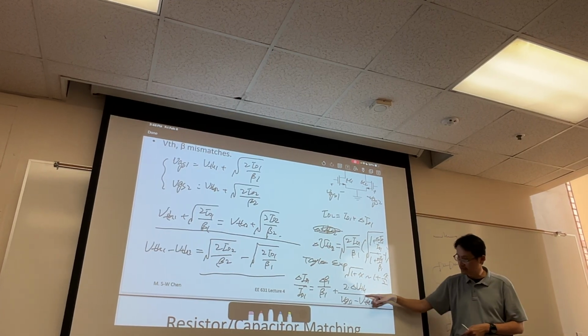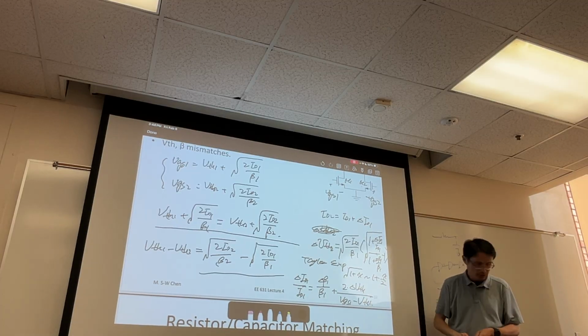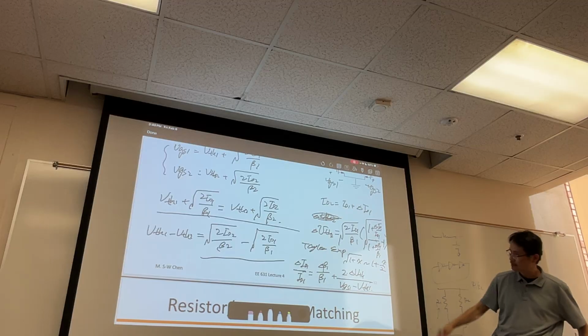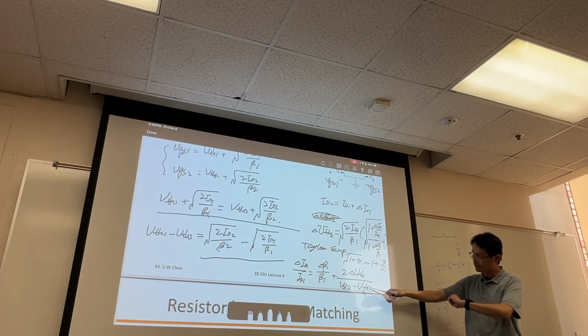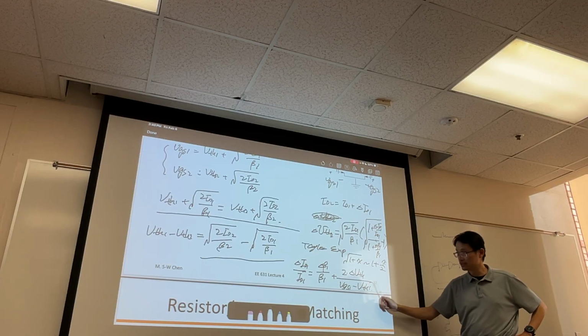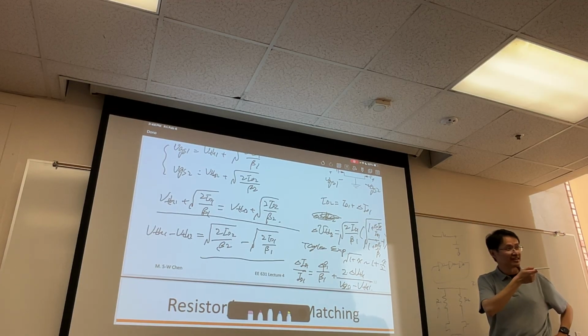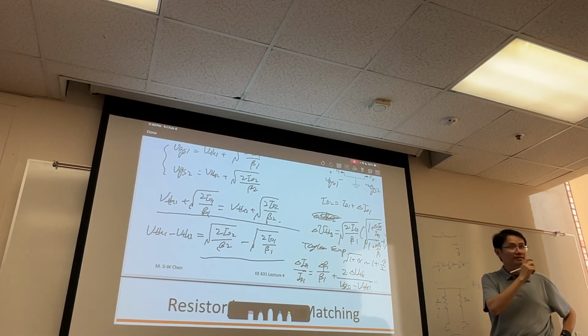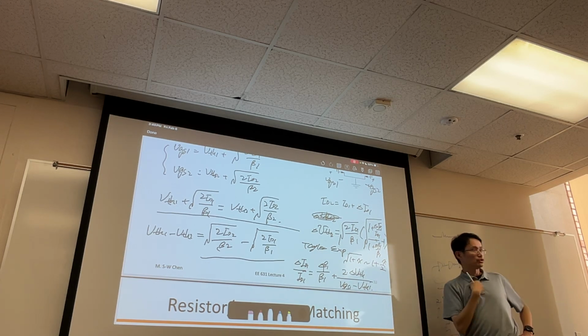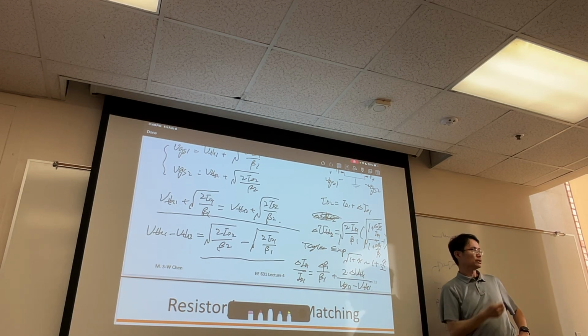However, you see this is kind of interesting: whatever that 2 times delta VTH is, it is divided by VGS minus VTH. What is VGS minus VTH? The overdrive, VDsat. We can control that. When you design a current mirror, you control the gate voltage.